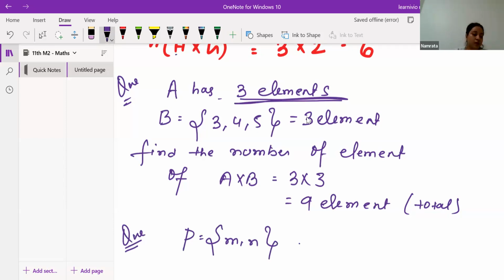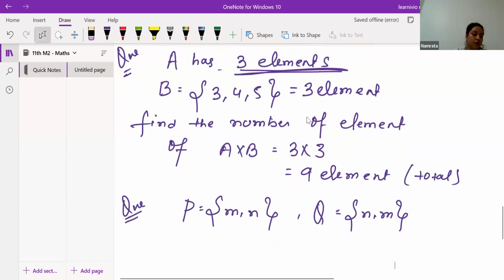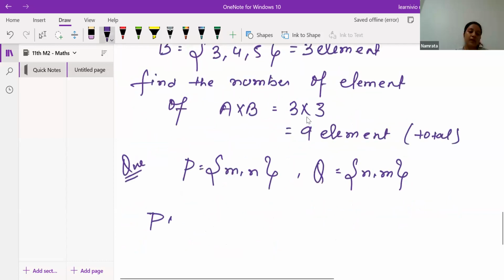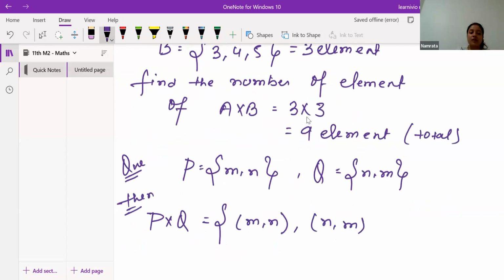If P cross Q, then let me write, then P cross Q will be M, N, and M. True or false? Yes, Izan, is it true or false?